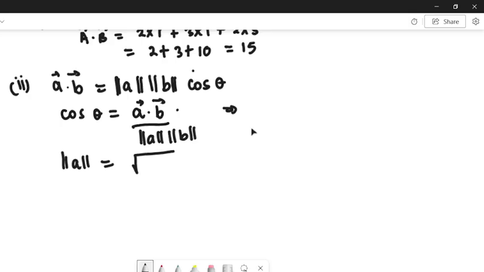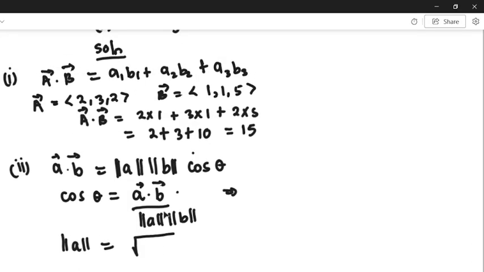We have vector A, we have vector B. So for vector A it will be 4 plus 9 plus 4, because it's A1 squared plus A2 squared plus A3 squared, then the square root.